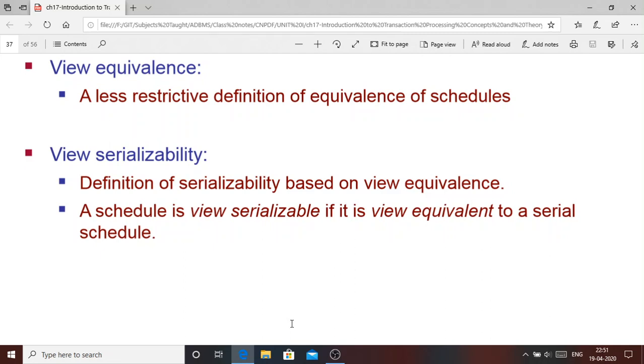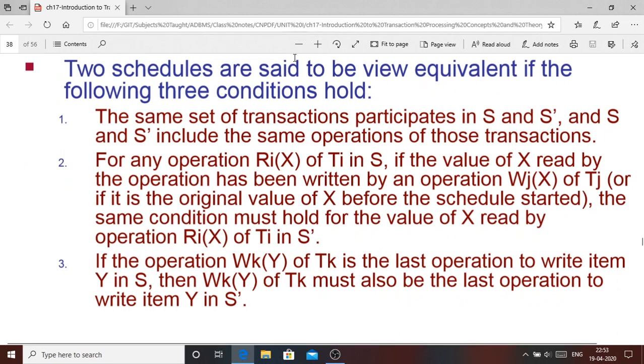serial schedule. Now, two schedules are said to be view equivalent if the following three conditions hold. The first is that the same set of transactions participate in both schedules, and both include the same operations of those transactions, because we are checking for serializability through view equivalence.